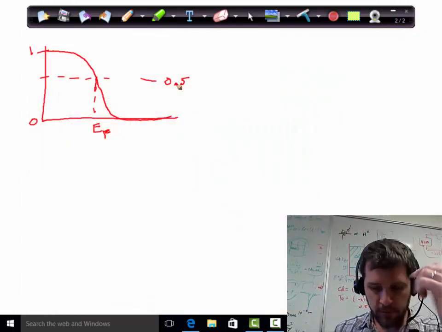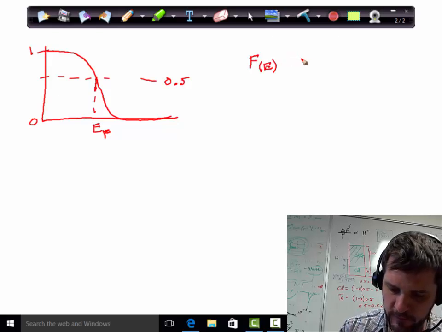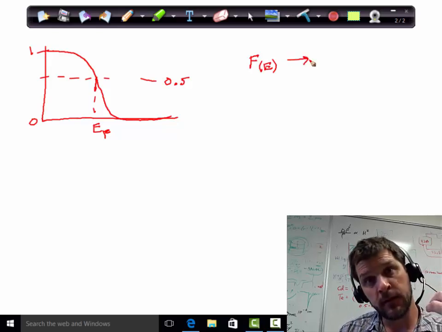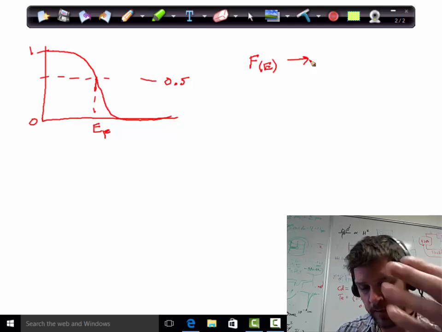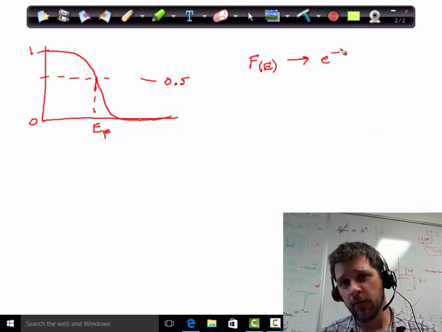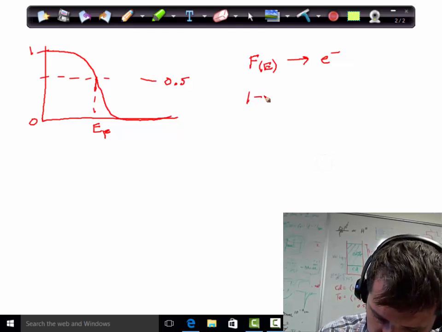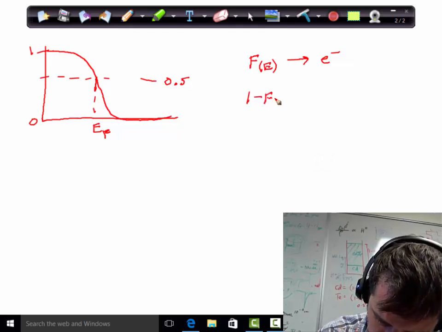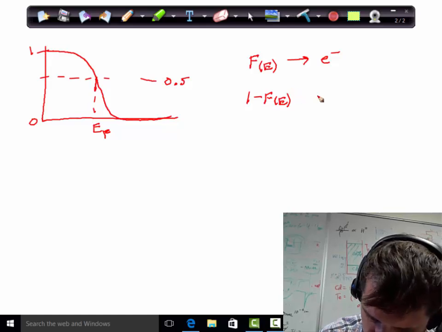Another important thing: the Fermi-Dirac function as a function of energy is giving you the probability of states being occupied with electrons. And since a hole is the absence of an electron, we can say that 1 minus F of E should give us the probability of holes occupying.